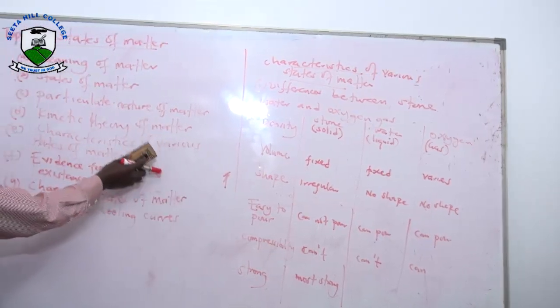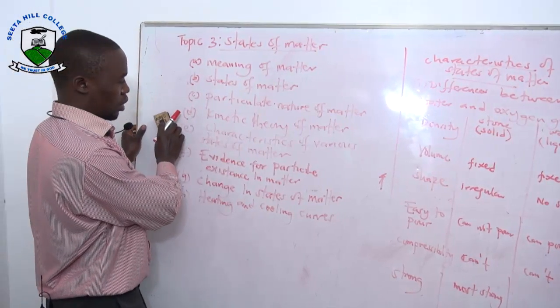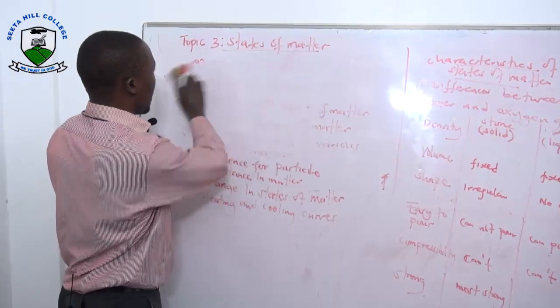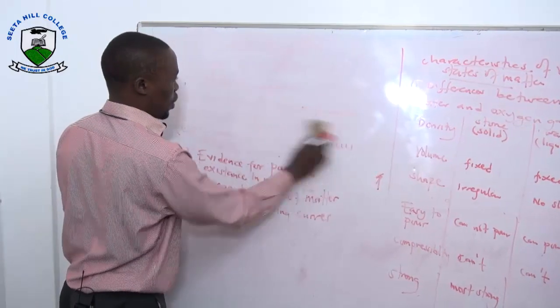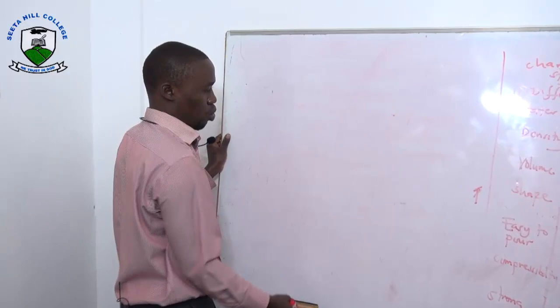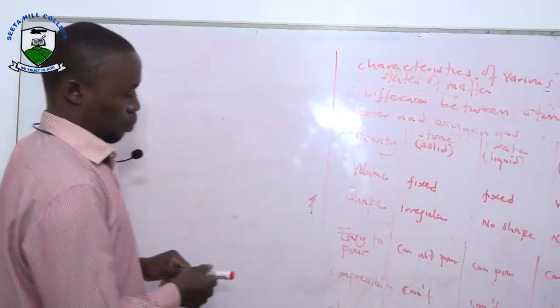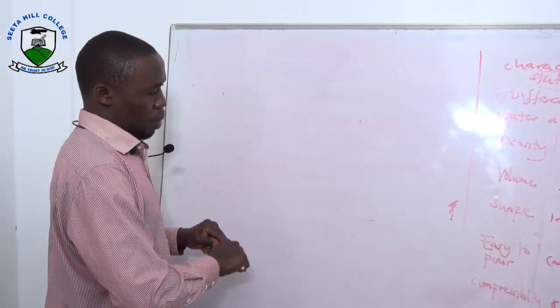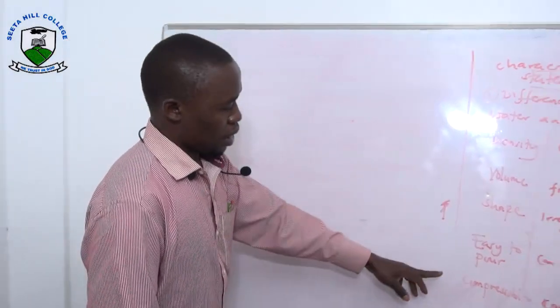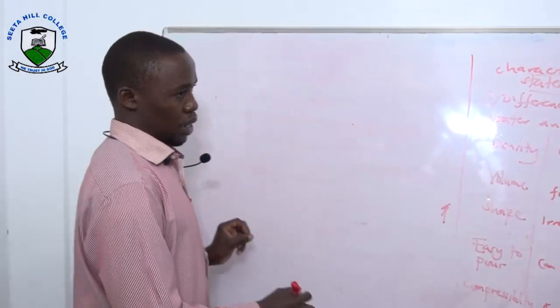Now let me clear off this part and we look into actually why those properties were so. What makes that possible? Now, from those properties we can see that a solid can't be compressed.